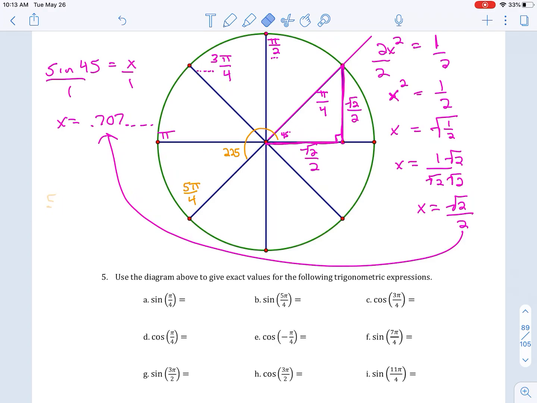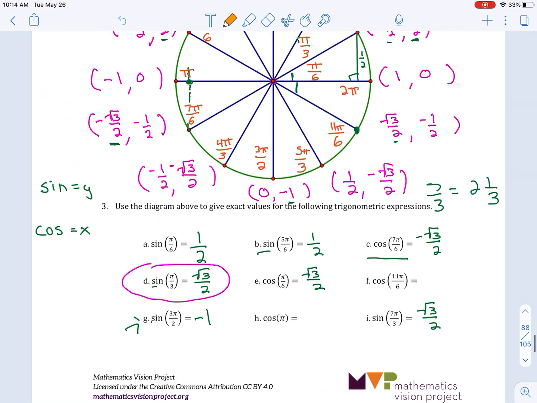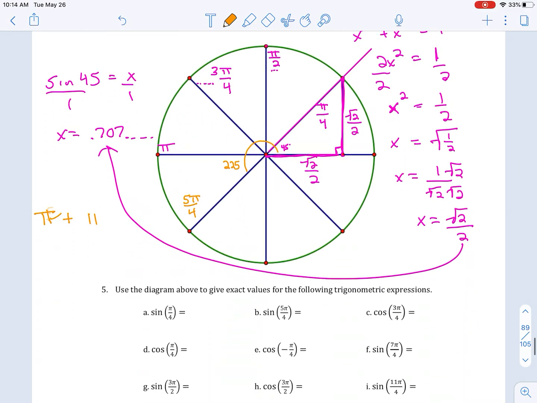we know that 270, an easy way to think about it, is just 180 plus 90, which we already did in the last video. That part's going to be the same. What was it? It was 3 pi over 2. And then the next one is just going to be 3 pi over 2 add 45 degrees.